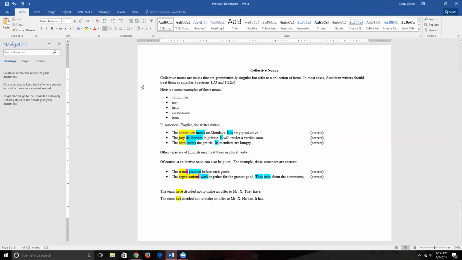But you can see how the British aren't being unreasonable because, of course, the team has many players, many people associated with it. And it doesn't have one collective brain. It's got lots of separate people.